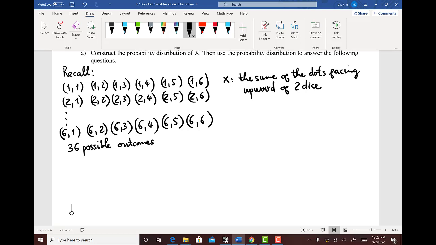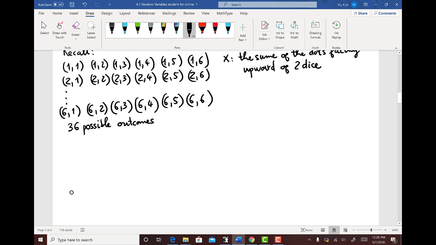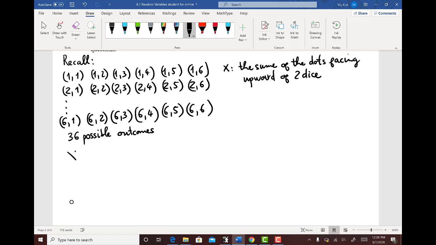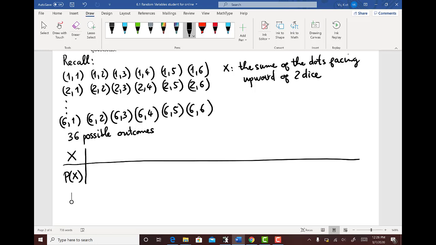So let's think about what the possible values for this x are. We're going to construct a probability distribution, which has the possible values of x, and corresponding to each possible value of x is a probability.